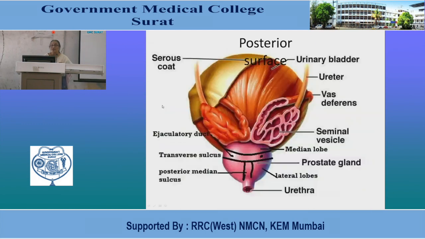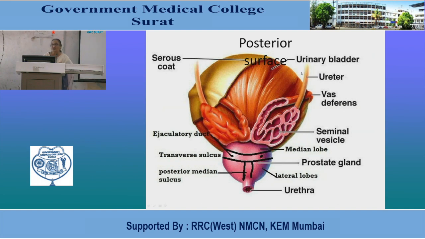Now, the posterior surface of the urinary bladder. Number 1 is the prostate gland. Number 2, the seminal vesicle, is a sac-like structure. Number 3, the vas deferens; here you can see the dilated portion, called the ampulla of the vas deferens. Number 4 is the urethra.